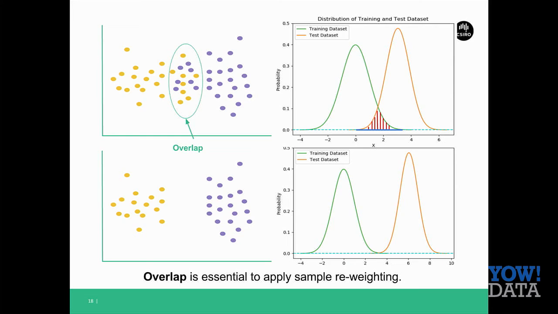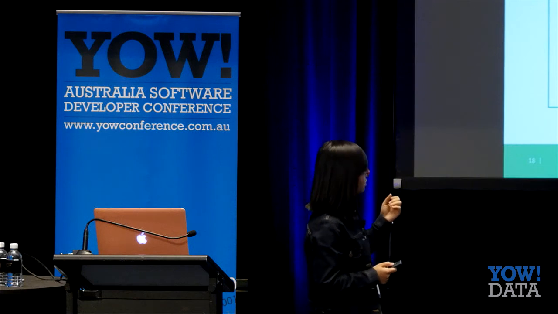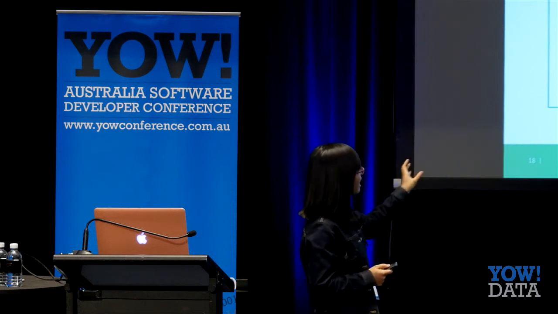Because say if we got an overlap shown as this green circle, if you look at their density plot, this overlap is actually the area where we have the red vertical lines. That means we have some knowledge about the query dataset. In contrast, if the training and query set are far away from each other, then their distribution has no cross-section. Then we know nothing about the query set.